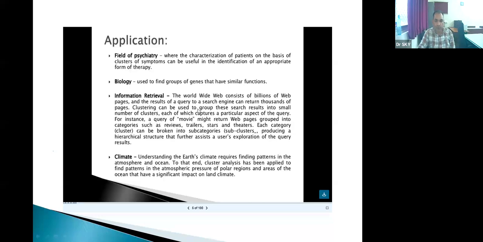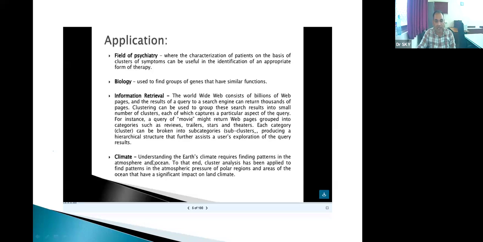So clustering can be used to group these search results into a small number of clusters, each of which captures a particular aspect of the query. On the basis of the query, you will see the similar results arranged together. This way we can apply cluster analysis in information retrieval and on the World Wide Web.